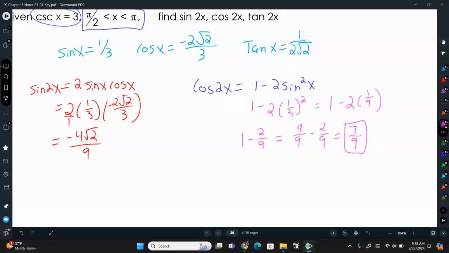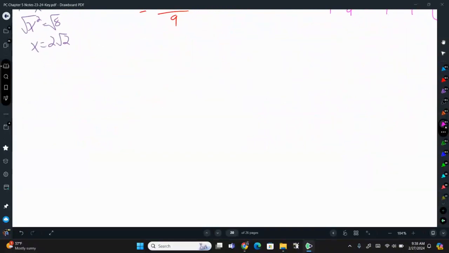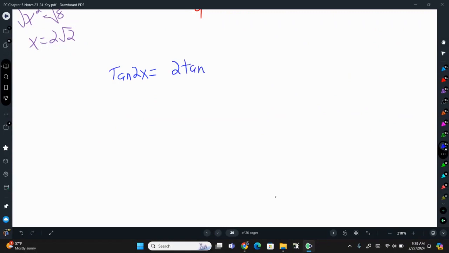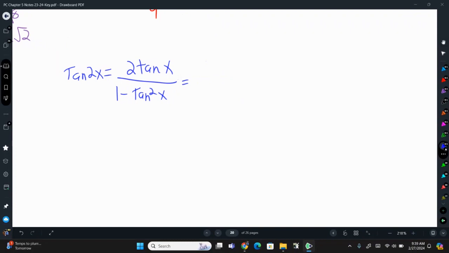All right, now the last one, tangent. And of course, tangent has to be difficult. So the tangent of 2x is equal to 2 times the tangent of x over 1 minus tangent squared x. So now let's replace those with what tangent is.